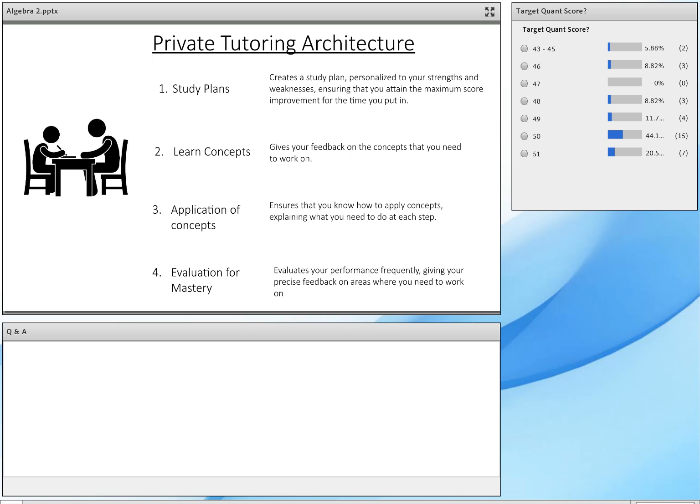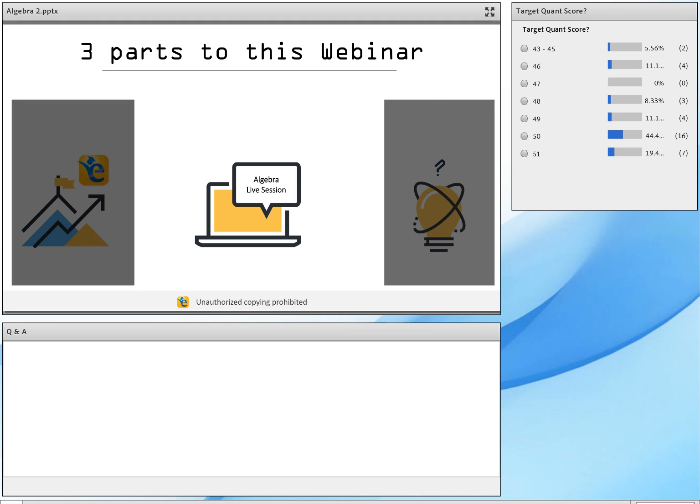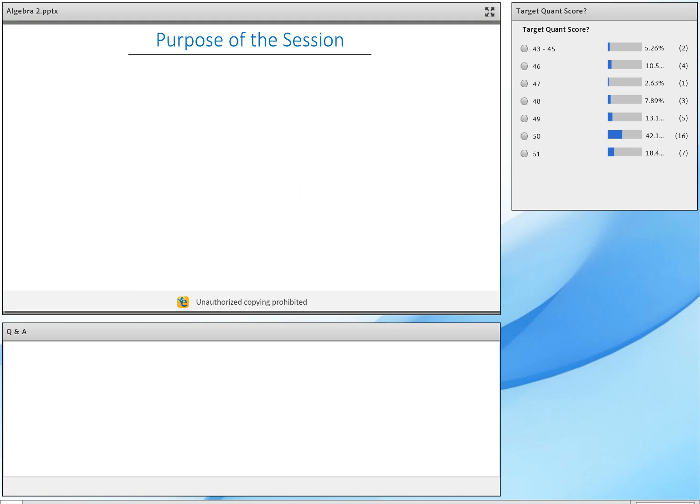I'm going to broadcast the results here. All right, here we are. So the largest segment here is aiming for, so I'm clubbing these groups, 49, 50, 51. So that's where the majority of the class is. So that's good.